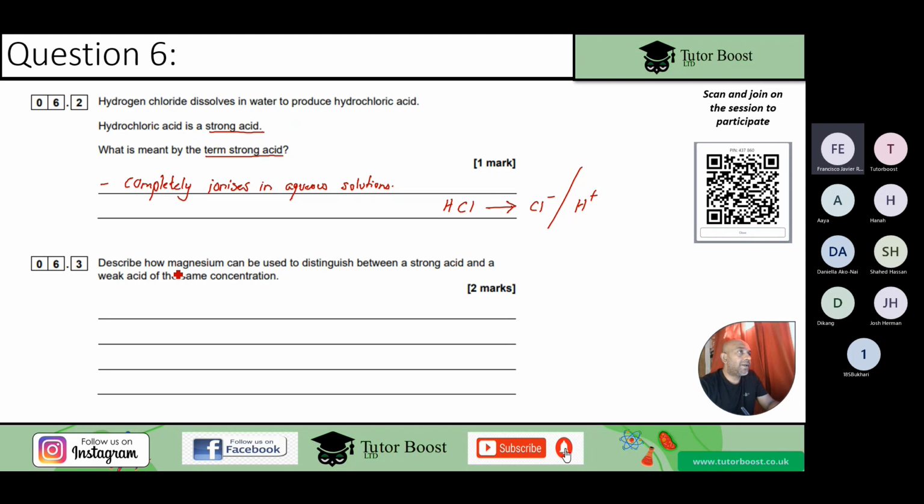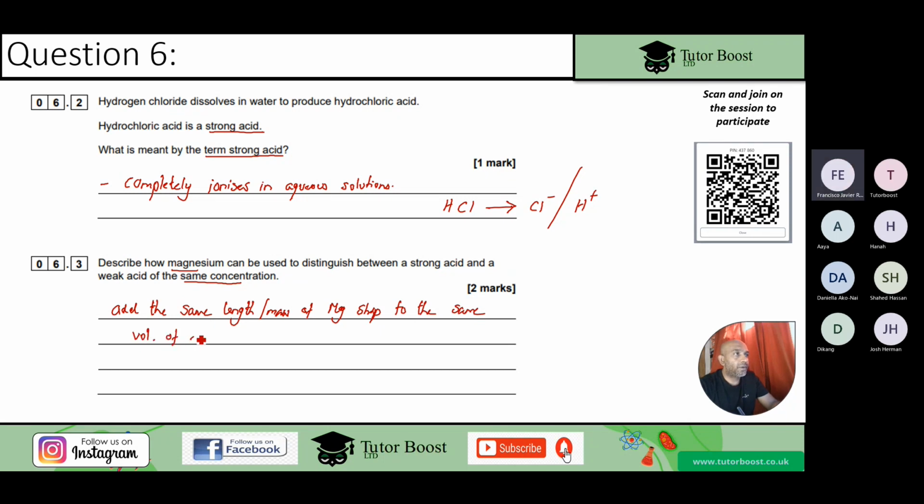How can you use magnesium to distinguish between a strong acid and a weak acid? Because it's the same concentration, you use the same length or mass of magnesium, and the same volume of each acid.